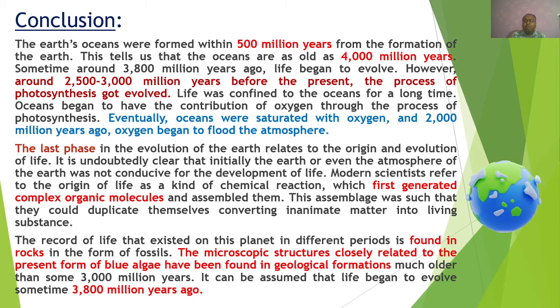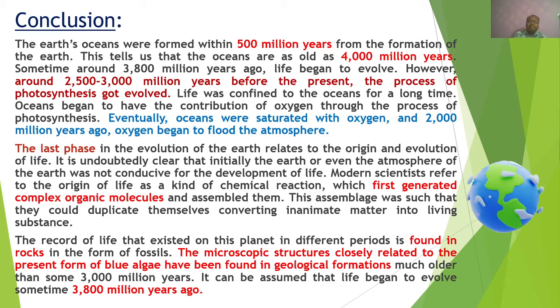However, around 2,500 to 3,000 million years before the present, the process of photosynthesis evolved. Life was confined to the oceans for a long time. Oceans began to have the contribution of oxygen through photosynthesis. Eventually, oceans were saturated with oxygen, and 2000 million years ago, oxygen began to flood the atmosphere.